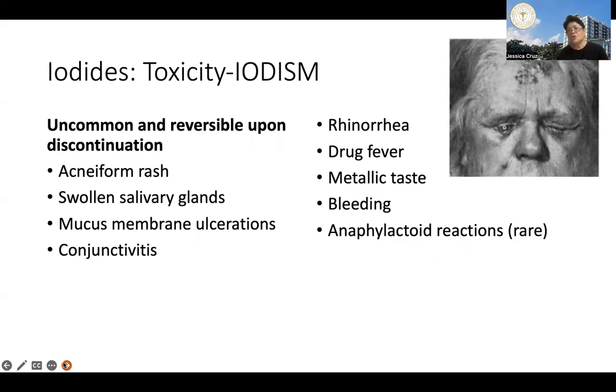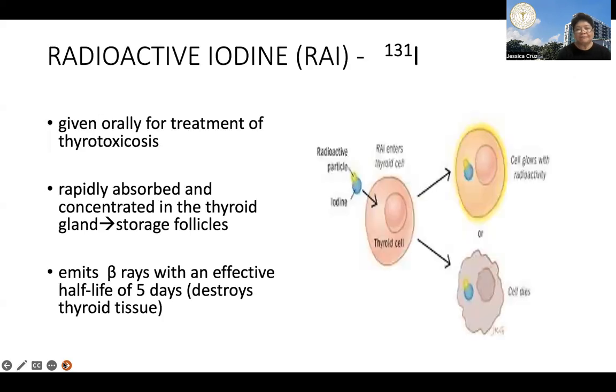You have runny nose, fever, metallic taste, bleeding, no? And anaphylaxis-like reaction, allergy-like reaction. And this is the toxicity coming from iodine. And this is very rare, but this is reversible upon discontinuation of the drug. So they call this state iodism.